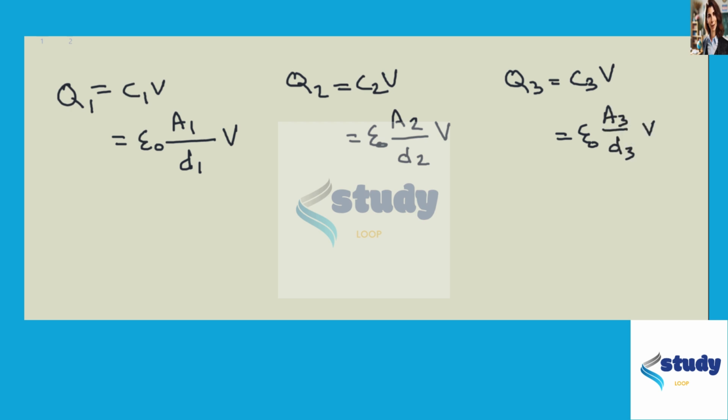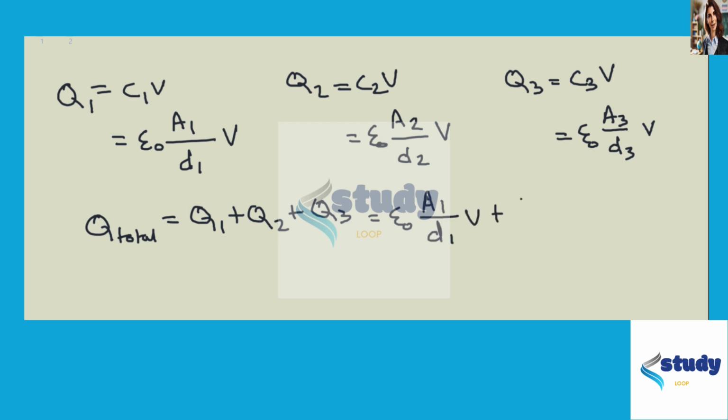Now, since we said that the net charge or the total charge should be equal to the sum of the three charges, we can add them together. So let's add these three and see what we get.